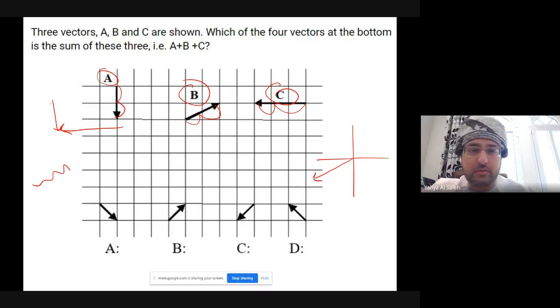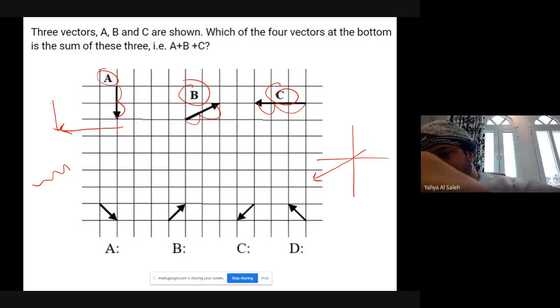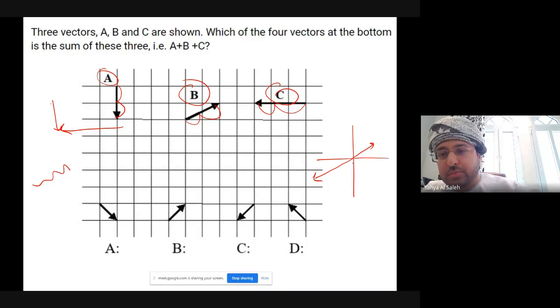For A plus C, A is going down, C is going to the left with a magnitude that is more than A. Now I will want to add B. B is smaller than them, and it is in this direction. So overall, what we will have as a result would be something like this. So the correct answer is C.